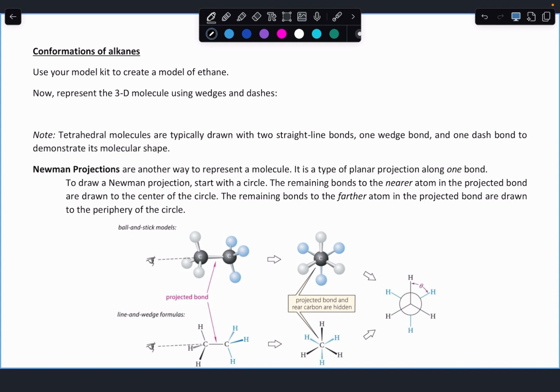Ew, one of these is dirty. Okay. So I just have one that you can look at over here.